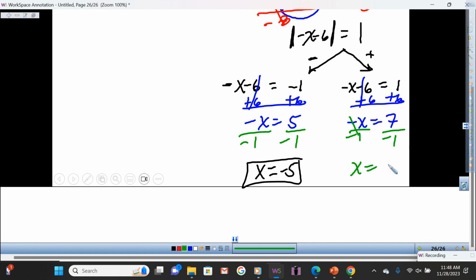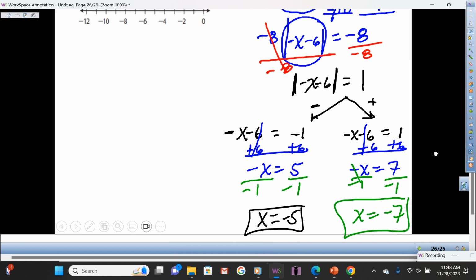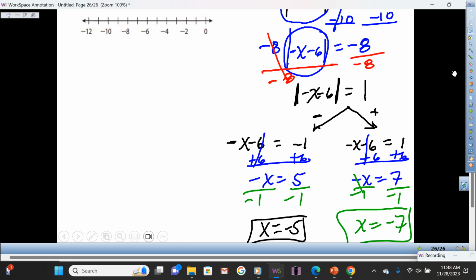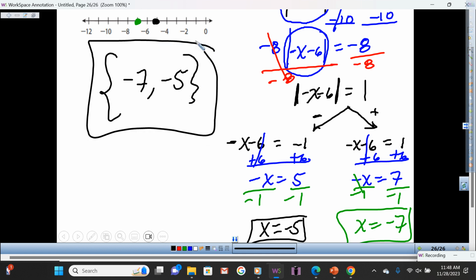X equals negative 7. So my solutions, they said to graph it, negative 5 is right here, and negative 7 is right here. Solution, negative 7, negative 5.